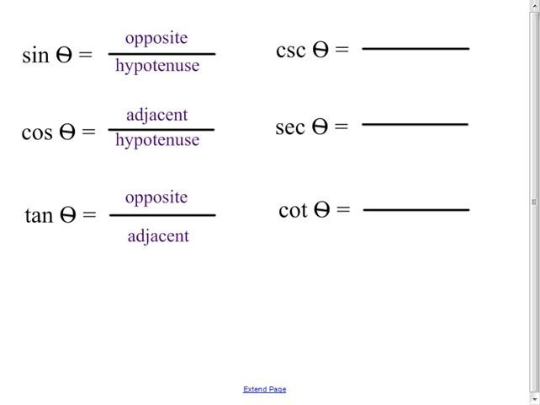Sine's reciprocal is called cosecant. Cosecant is represented with CSC, cosecant theta, of course. And then SEC is the secant, which is the reciprocal of cosine. And then COT is cotangent.